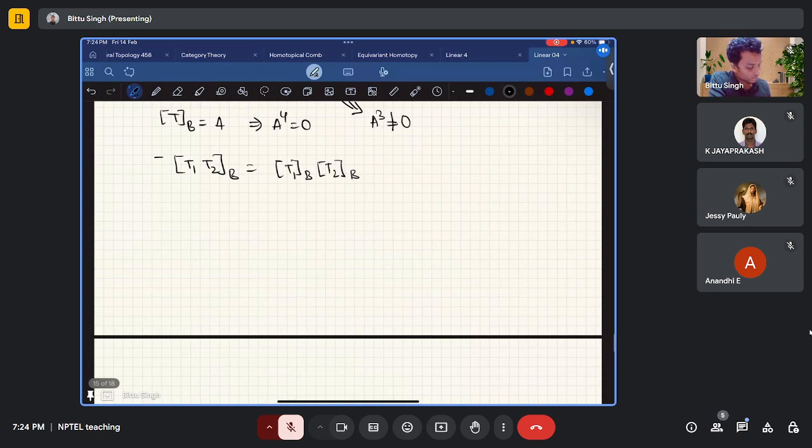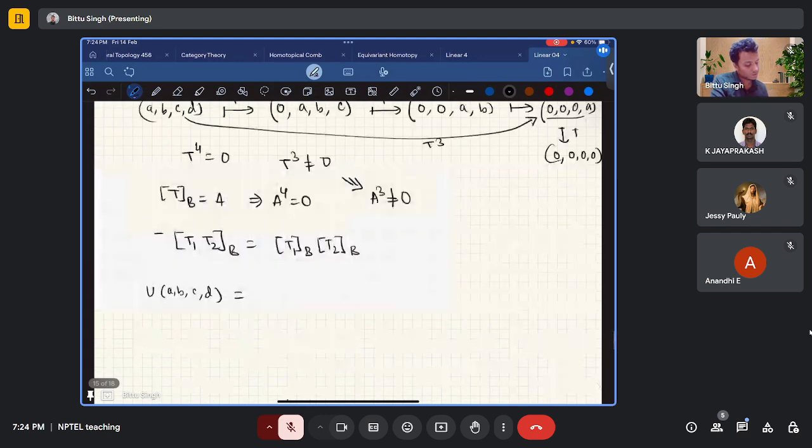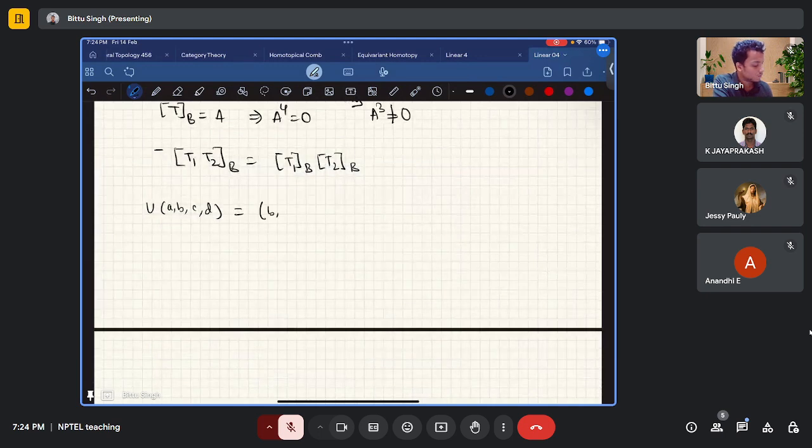U of (A, B, C, D) is the same as (B, C, D, 0). So what is U doing? U is making a left shift.